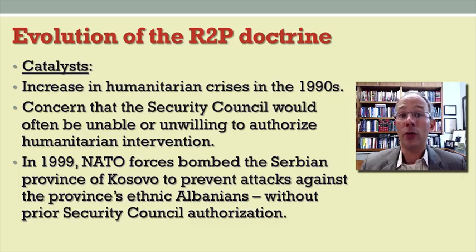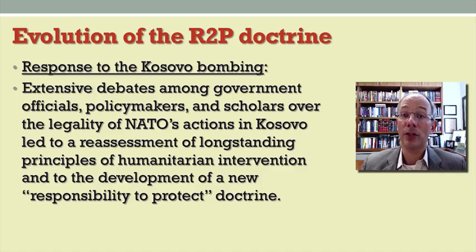It also led to the independence of Kosovo from Serbia against that country's wishes. And it raised broader, and I would say really existential issues among government officials, policymakers, and international law scholars about how to think about humanitarian intervention in light of the Kosovo bombing.